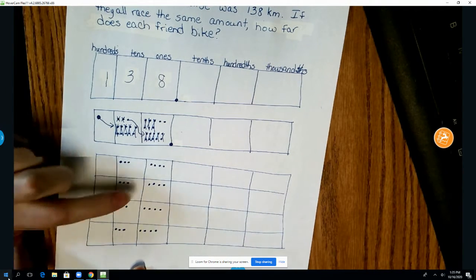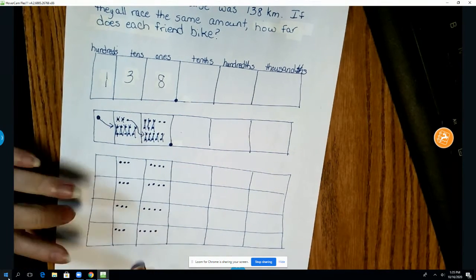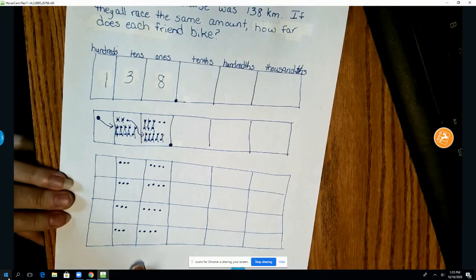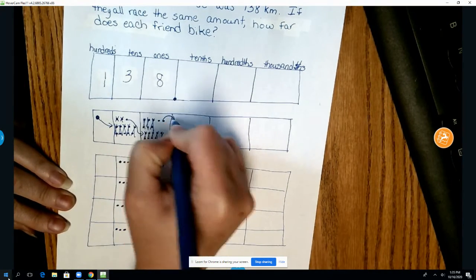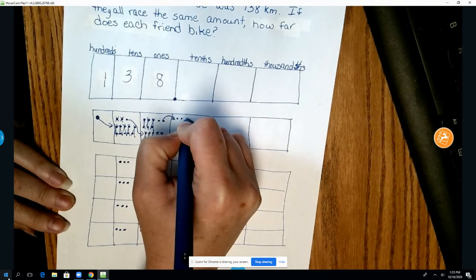I can't divide 2 into 4 different groups, but I can unbundle them. And when I unbundle them, each one makes 10 tenths.